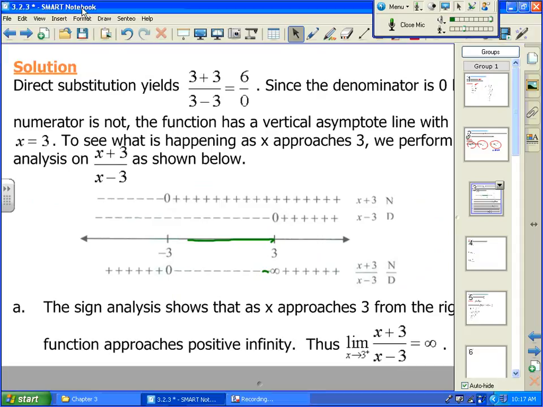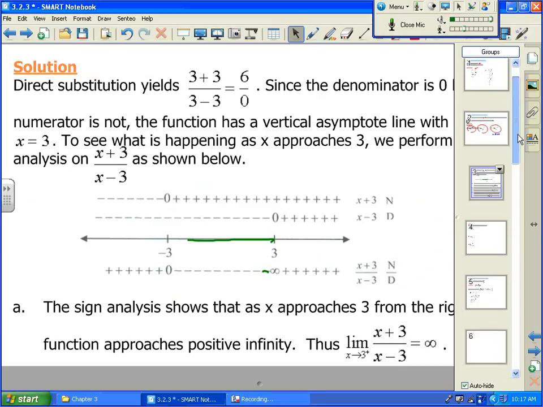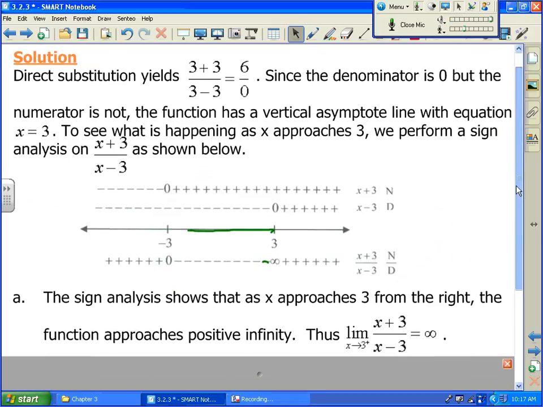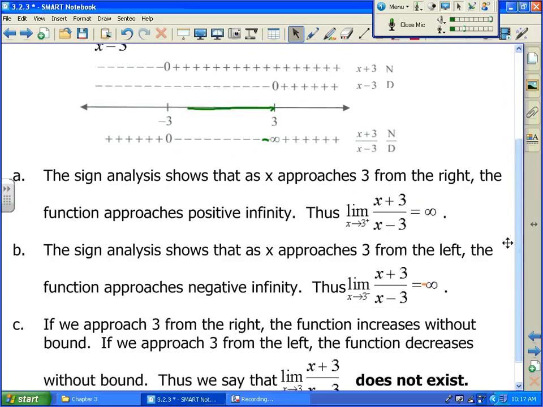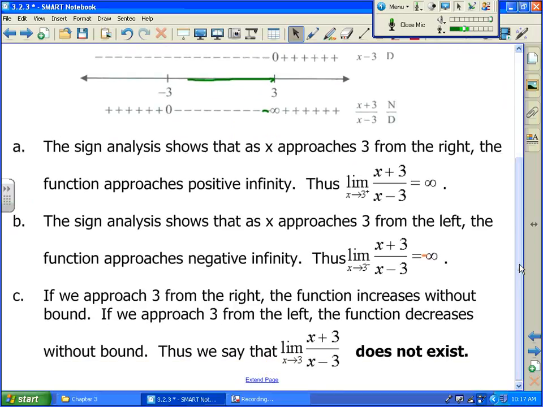Notice I did have to make a little correction, there was a typo in the notes. So in question B, the fellow who made these notes forgot to put the negative sign with the infinity. Some of you might have it in there, some of you might not.